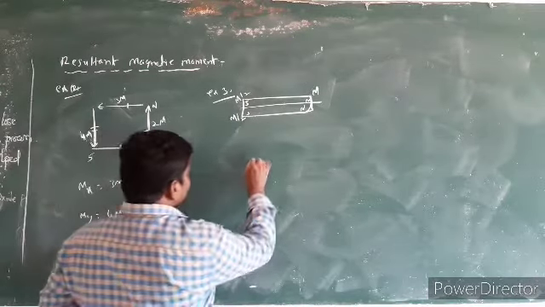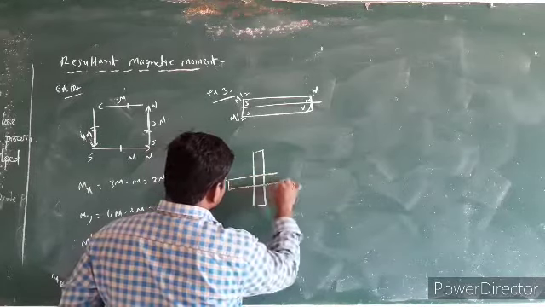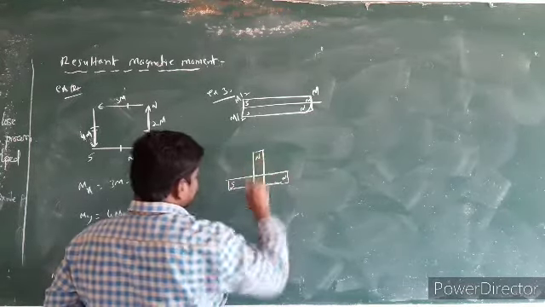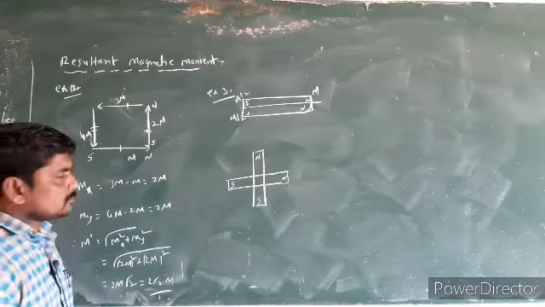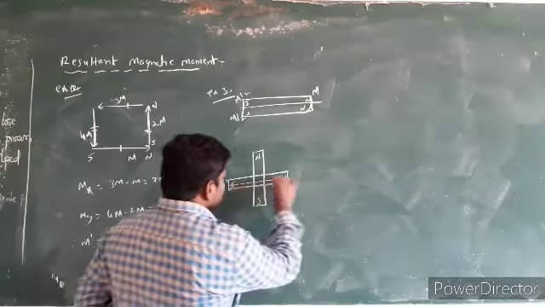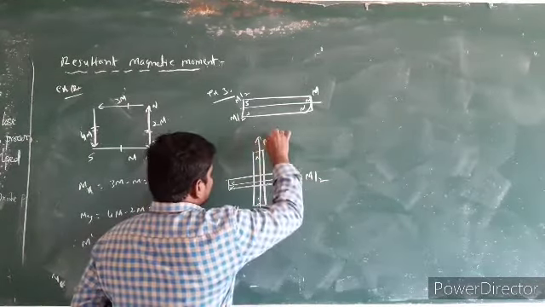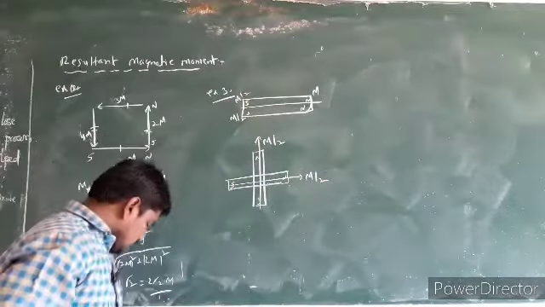Now these two pieces are arranged like this. What is the resultant magnetic moment of this arrangement? The magnetic moment of one piece is M by 2, and of the other piece is also M by 2. Actually, these two pieces are parts of the original magnet.